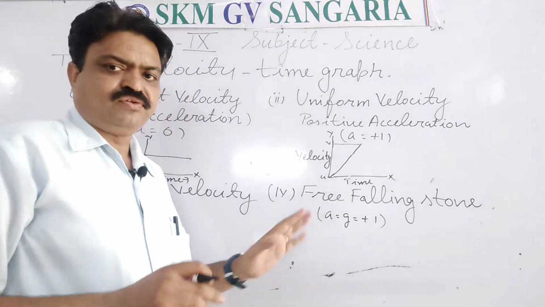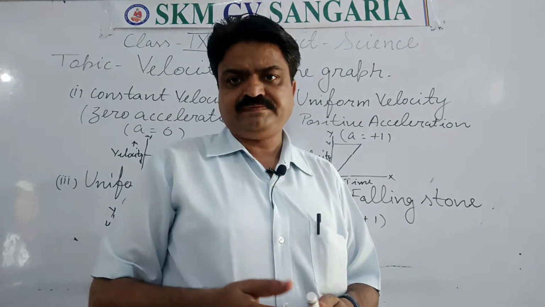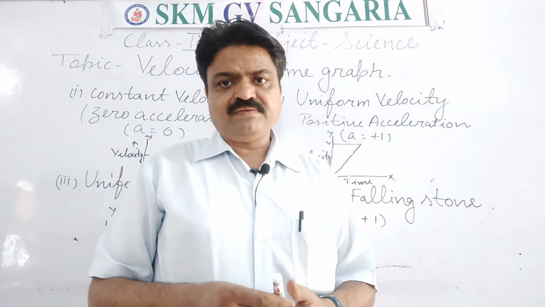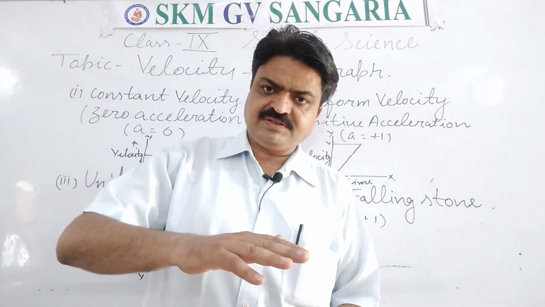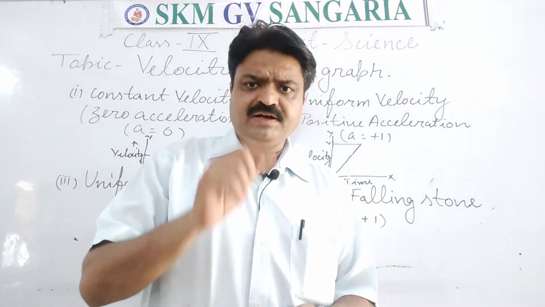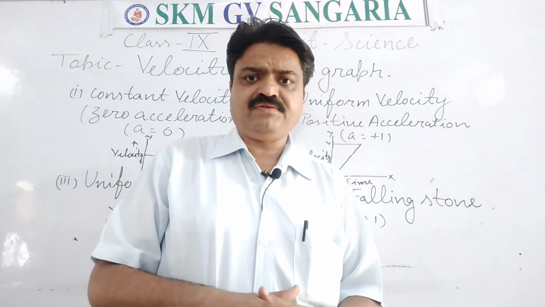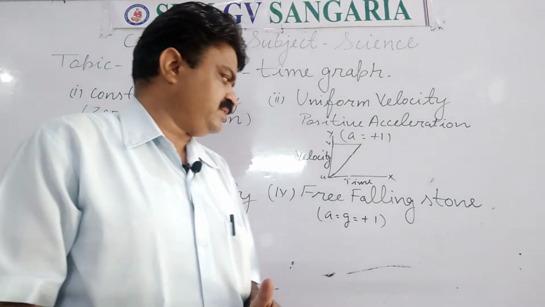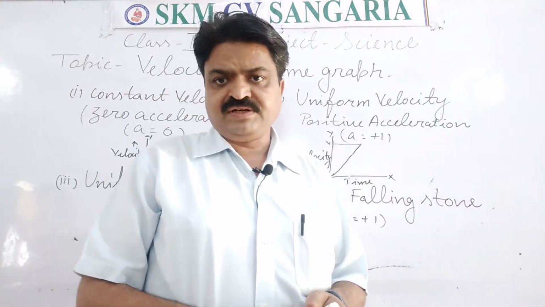Free falling stone. Many times when we throw a stone, the stone comes down under the gravitational force, and the acceleration found in that stone is known as acceleration due to gravitational force.